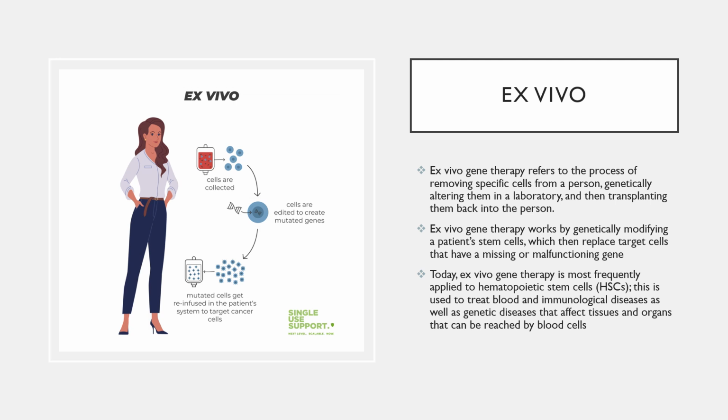Today, ex vivo gene therapy is most frequently applied to hematopoietic stem cells, or what we call HSC. This is used to treat blood and immunological diseases as well as genetic diseases that affect tissues and organs that can be reached by blood cells.